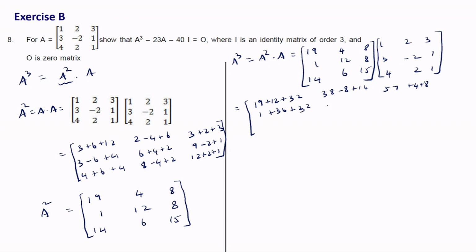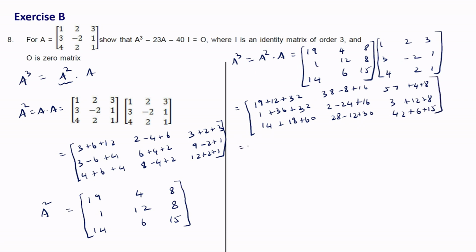And then we have 2 minus 24 plus 16. And then it is 3 plus 12 plus 8. Next we have 14 plus 18 plus 60, then 28 minus 12 plus 30, and then 42 plus 6 plus 15.